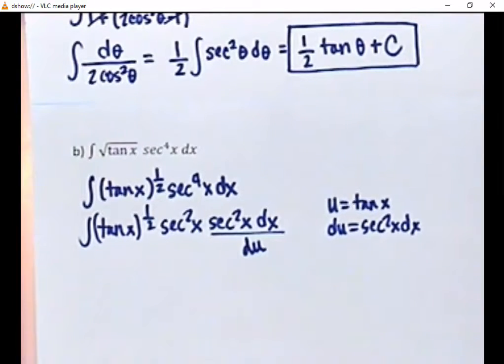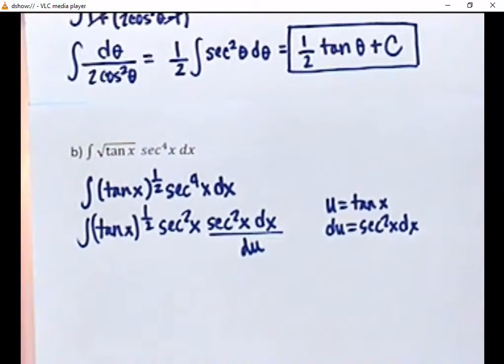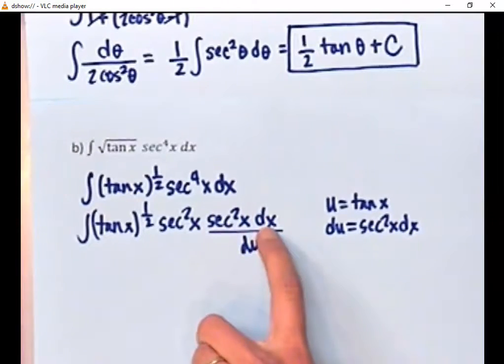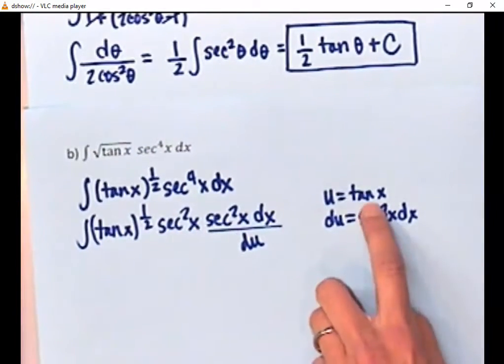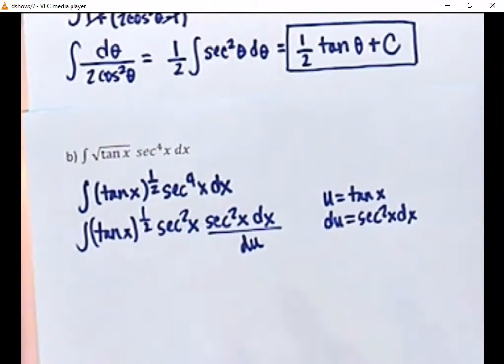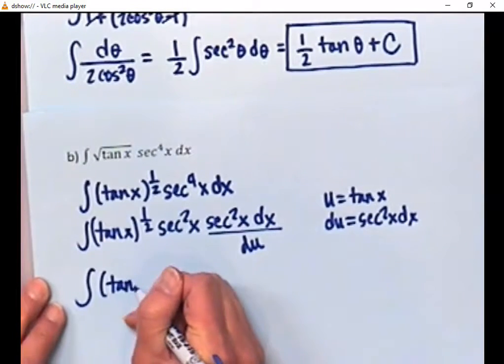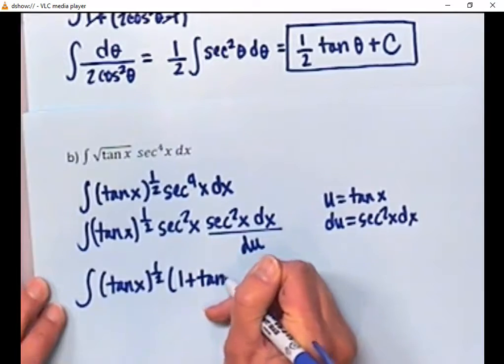But in order for me to do that, what am I going to have to switch? I see a tangent here, but what am I going to have to change? I've got to rewrite another one, right? Yeah, the middle one. I can't leave this. This is all part of du, but I want to replace the rest. I want them to be tangents, so I can write them as u's. How can I replace secant squared? 1 plus, what's the relationship? 1 plus tangent squared, right?